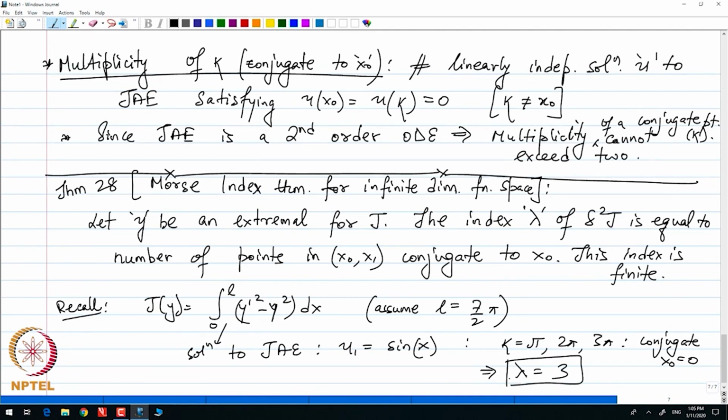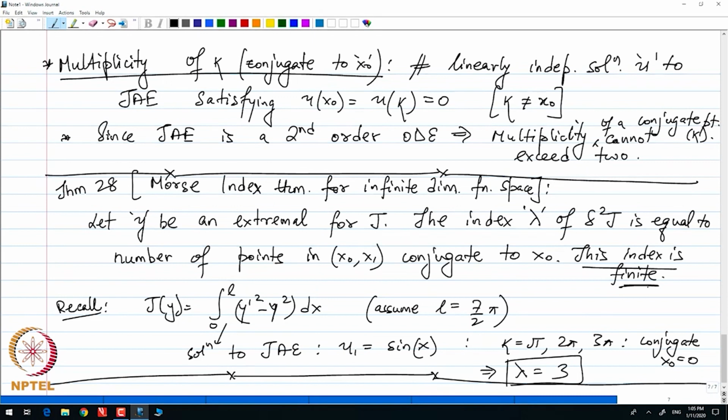That is how we use this theorem by Morse in the infinite dimensional function space. Certainly if the Morse index is 0, we are guaranteed to get a minima, and if the Morse index is n, well, infinity in our case, then we are guaranteed to get maxima, but that will not be the case because of this statement. So, the Morse index guarantees the existence of either saddle points or the local minima.